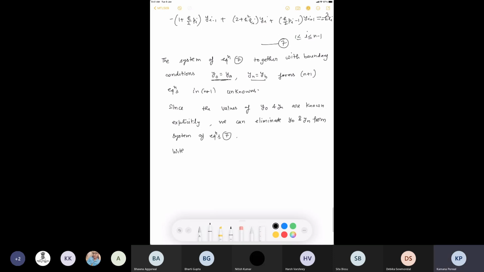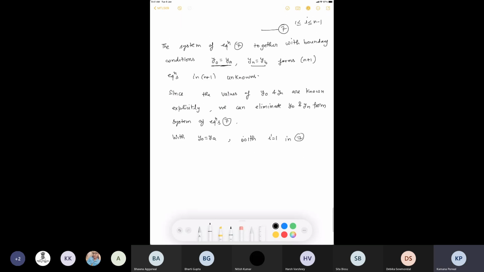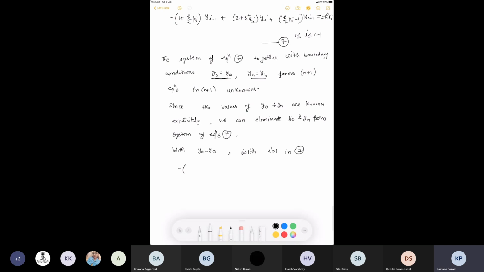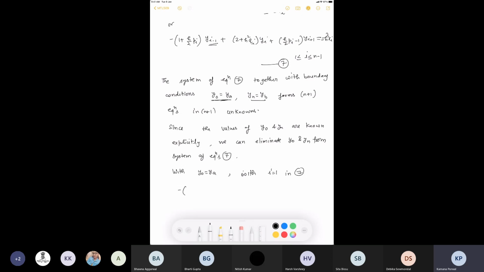So if we take y0 equal to ya, with I equals 1 in 7, note that if I take I is equal to 1, I will get y0 as here, right? So I'm taking this complete term to the right hand side.